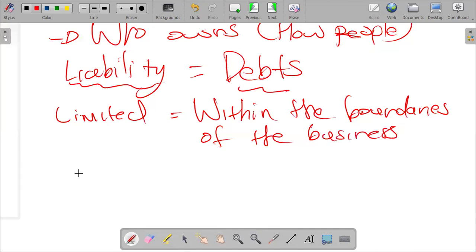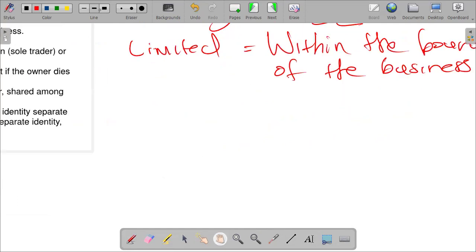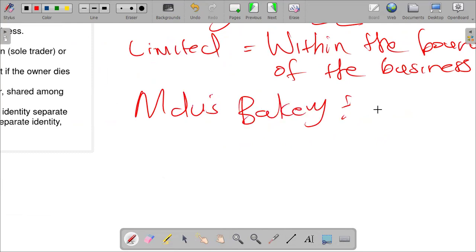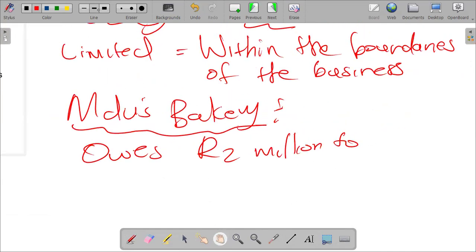So let's say, for instance, remember our bakery, Dudu's Bakery. Now it owes 2 million to the bank. It owes the bank 2 million.